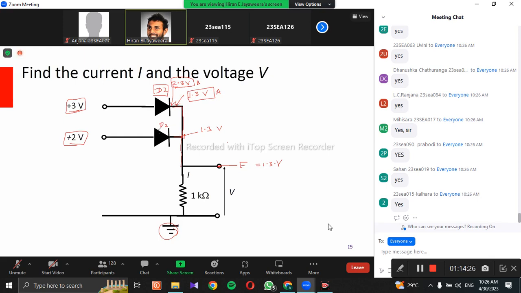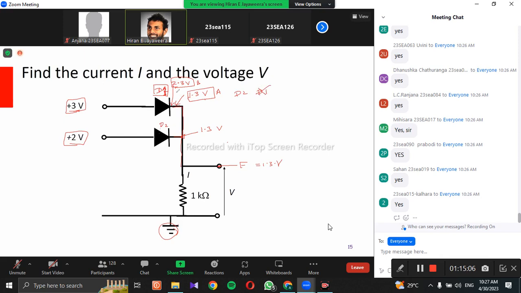However, if the D2 diode is forward bias, you get 1.3, and by having that 1.3, you can't get the other diode reverse bias. So the other diode cannot be reverse bias. So 1.3 works only with the diode D2, but it does not work with the diode D1. Very sorry, I put the wrong one.